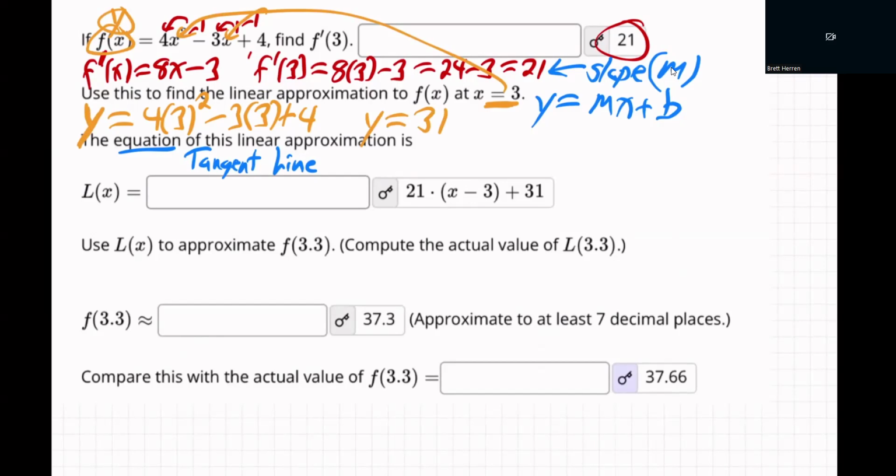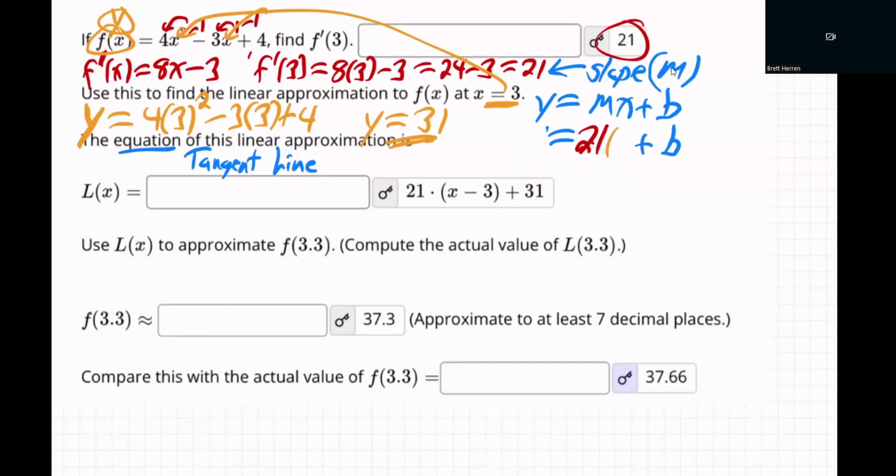So that means x is 3, y is 31. So when I take this equation, I can take m, which I already know is 21, because that's the slope, x plus b, and I can plug in for the y and the x.